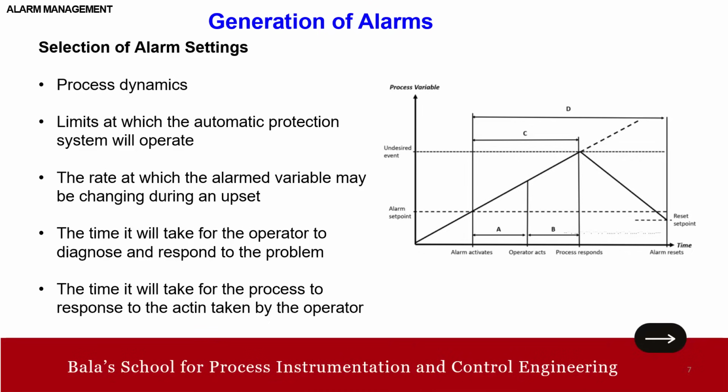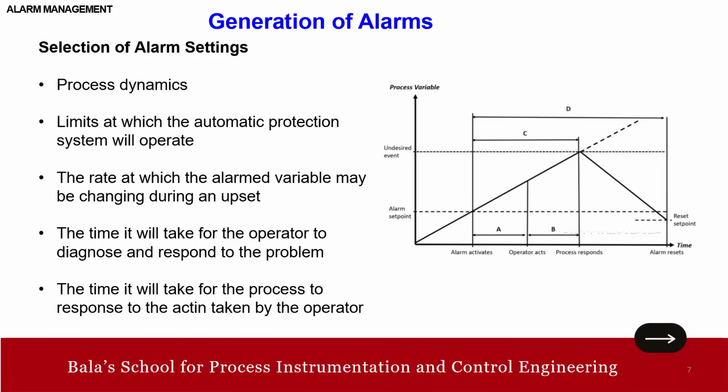Okay. But sometimes conflict between the factors will mean that it will be impossible to set an alarm at a value where alarms will not occur during normal operational fluctuation, yet it will allow the operator time to correct the problem after the alarm occurs. So, in that case, what do we have to do?